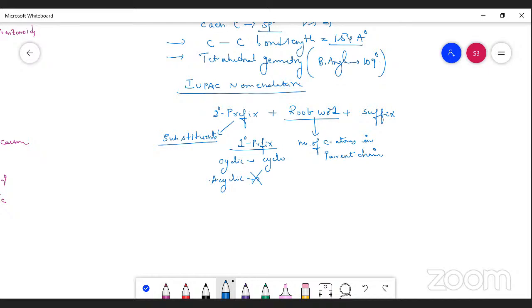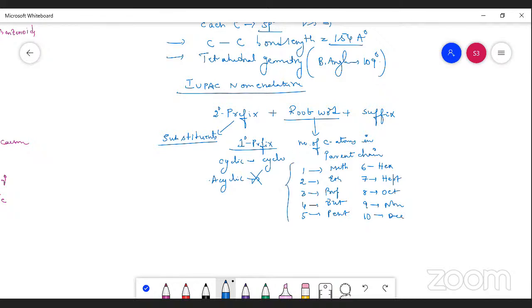For 1 carbon, the root word is meth; 2, eth; 3, prop; 4, but; 5, pent; 6, hex; 7, hep; 8, oct; 9, non; 10, dec. Likewise, different root words are there, based upon the number of carbons.